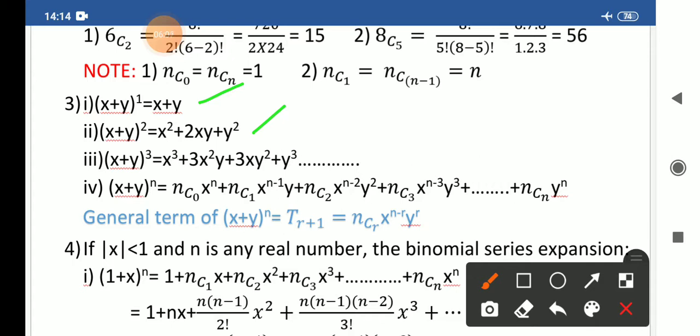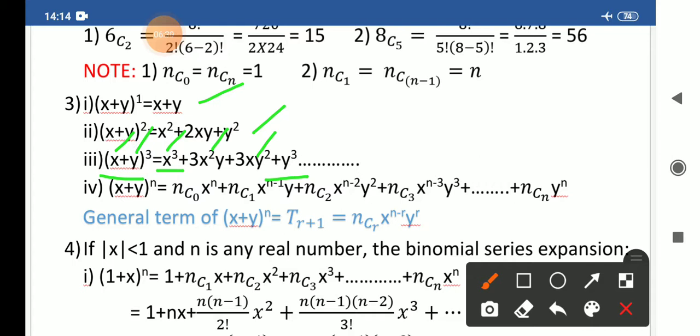Now observe the three expansions. For (x plus y) whole cube, the first term is x cube and the last term is y cube. In the remaining terms, the power of x is 3, then 2, then 1. That means the power of x is decreasing.